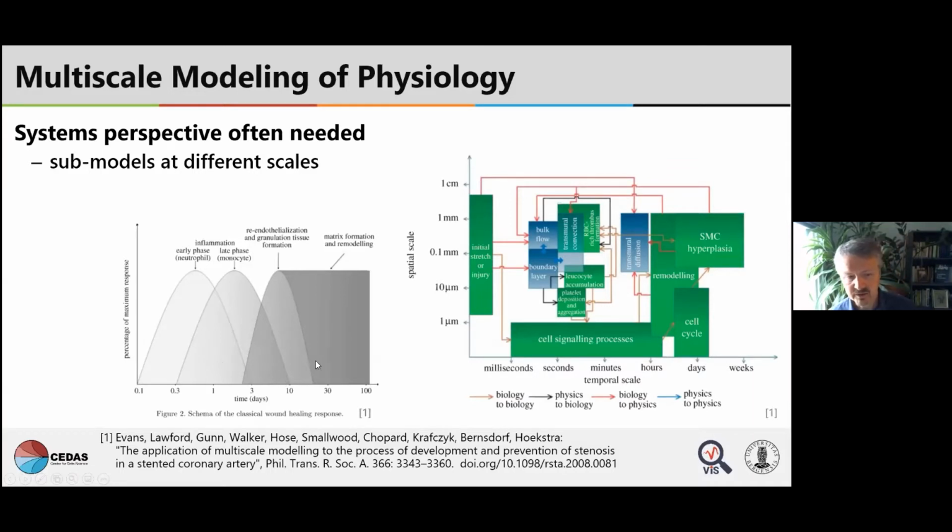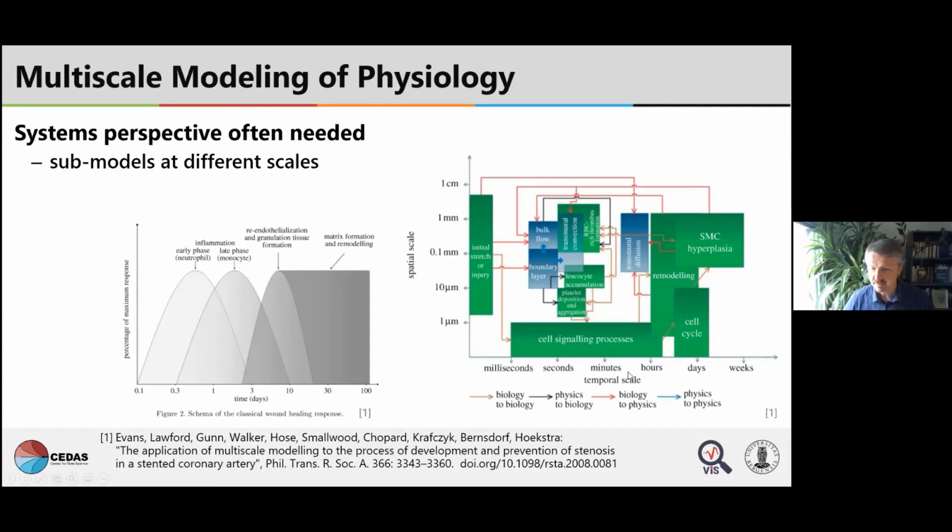So here we have, say, the wound healing process, and you can see that it happens on many different time scales, from small early phases to much slower long-term phases. And here's another picture that illustrates processes that are important when it comes to the question of whether or not you may get a stenosis in a vessel.